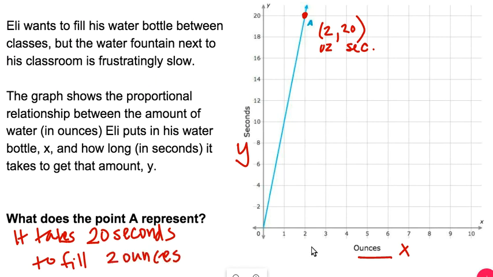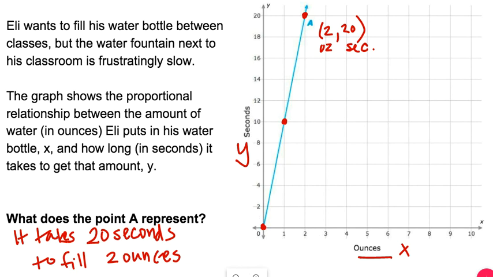That's what's happening here. It takes 20 seconds to fill 2 ounces of water. And if you look at my other integer coordinates, it would take 10 seconds for 1 ounce, which makes sense in the pattern. And of course, if he had 0 ounces of water, it takes 0 seconds.